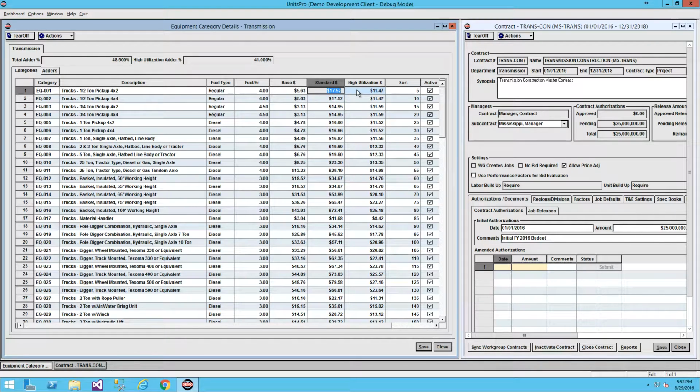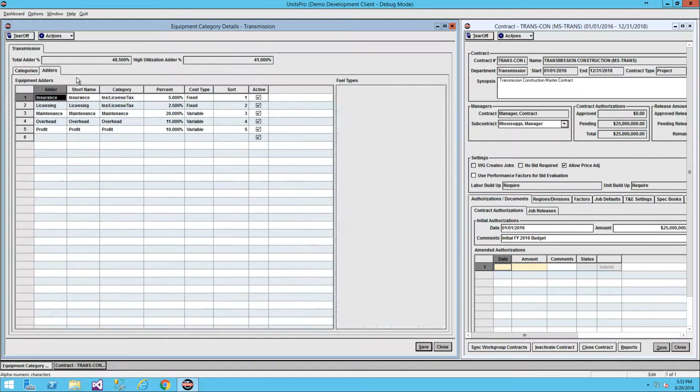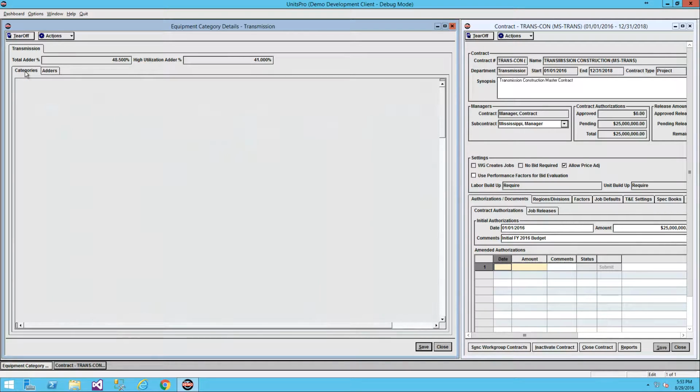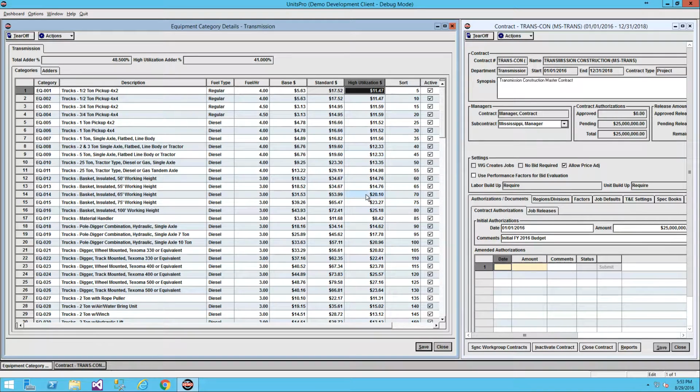Above that threshold, it will reduce the price per hour to $11.47, i.e. that base is no longer being charged. The fixed elements of the adders are no longer being charged, only the variable and the fuel. This will result in a significant reduction in cost of equipment over 50 hours a week.